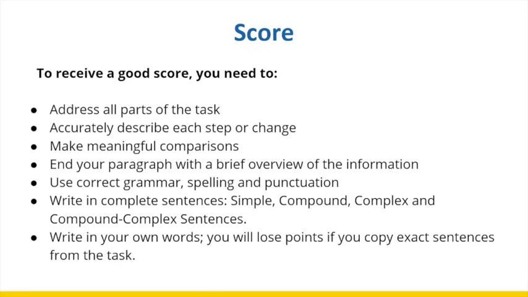In order to receive a good score, you need to do the following things. First of all, you have to make sure you address all parts of the task and you accurately describe each step or change. Do not begin describing or writing or planning until you really understand your diagram. And the following tip for you would be to make a meaningful comparison.